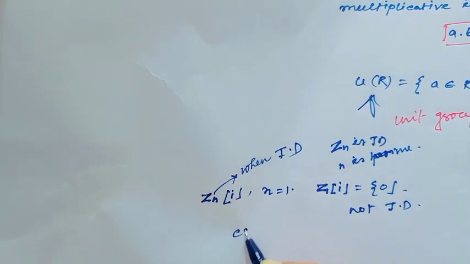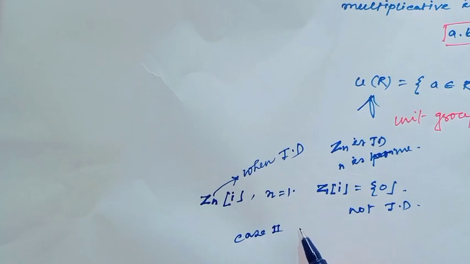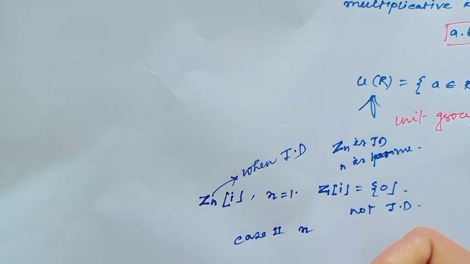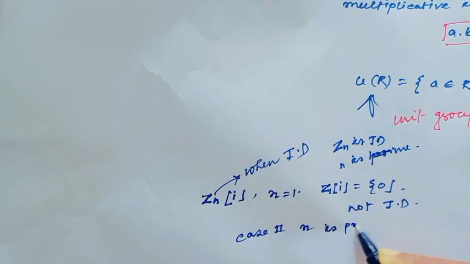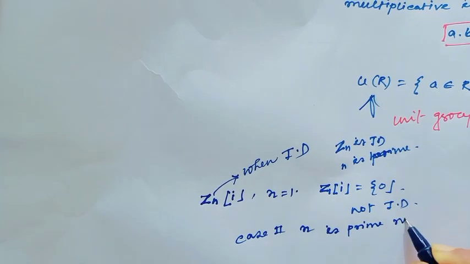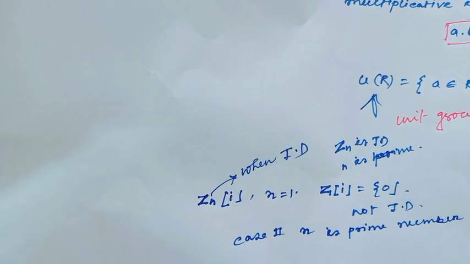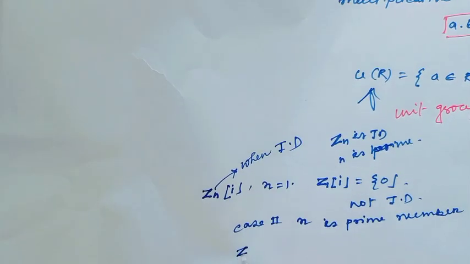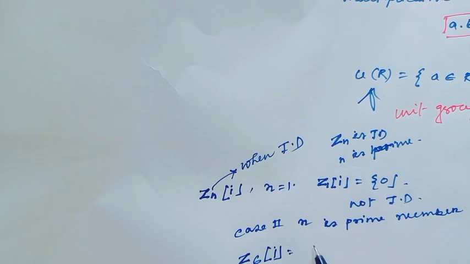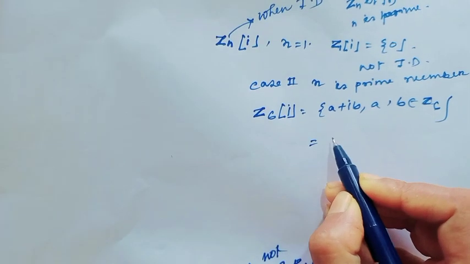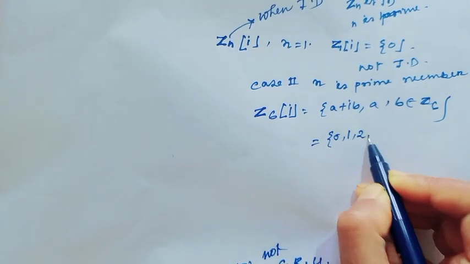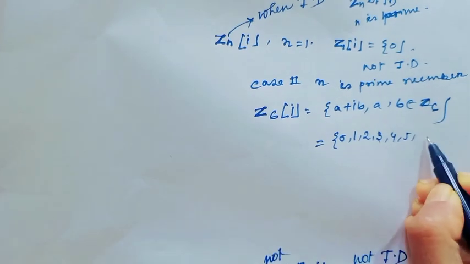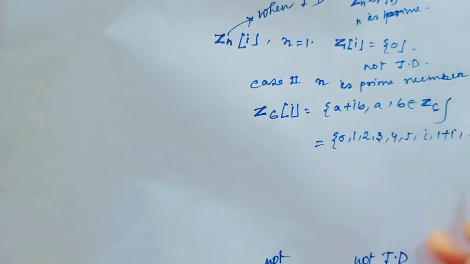Now case 2, consider n is not a prime number. As an example, consider Z6[i], which contains a plus ib, where a and b are members of Z6. Then Z6[i] contains the elements 0, 1, 2, 3, 4, 5, i, 1 plus i, and so on.